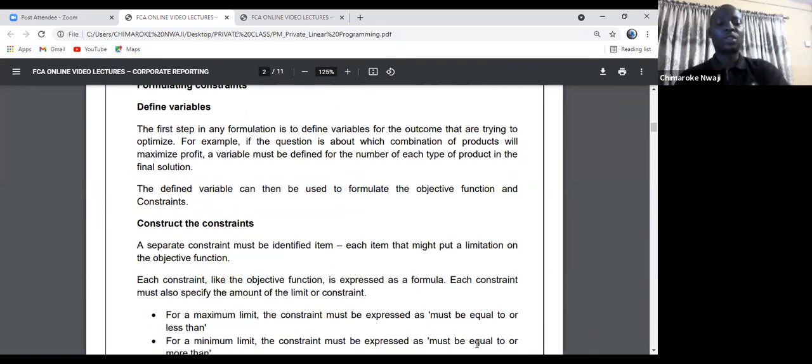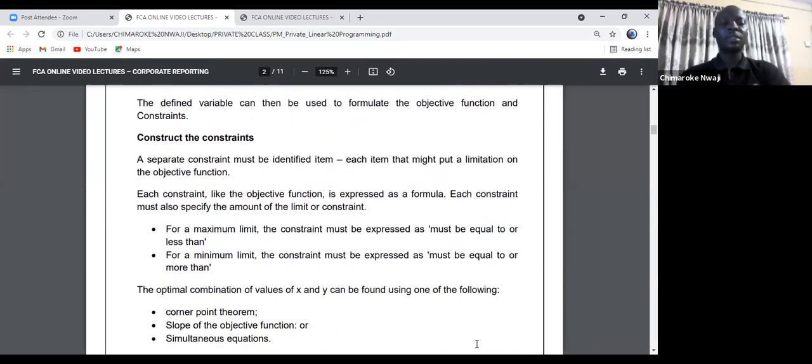Now, construct a constraint. A separate constraint must be identified. Each item will then be put as a limitation to the objective function. Each constraint, like the objective function, is expressed as a formula. Each constraint must also specify the amount of the limit or constraint.